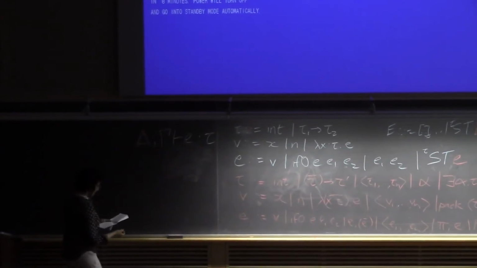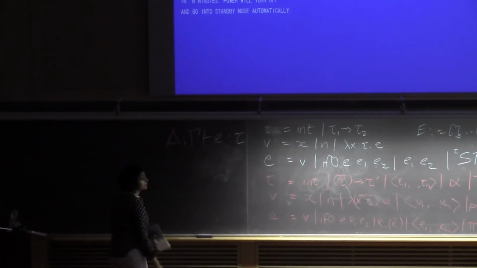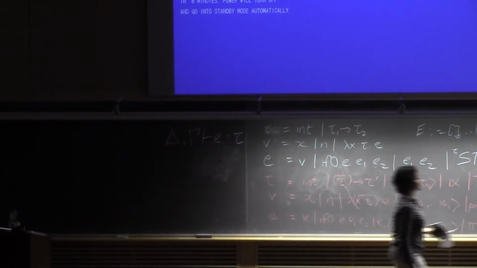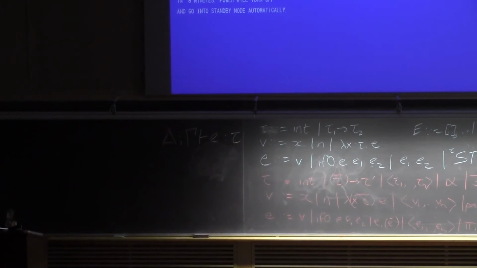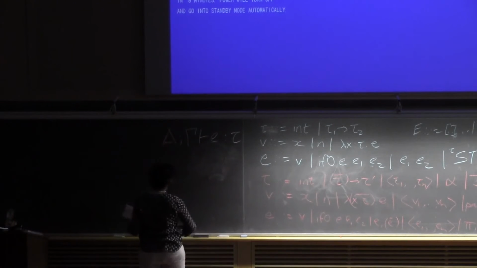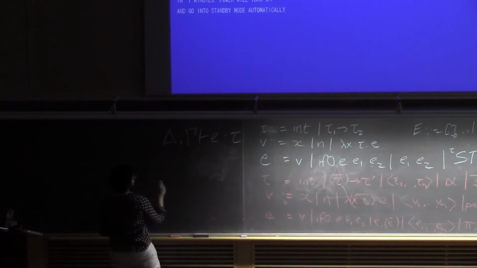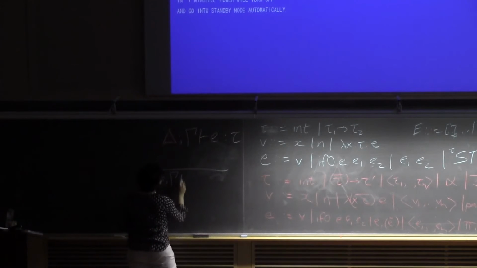All right, so if that is my gamma, then I need to just add 2 typing rules. I need to add 2 typing rules for my boundaries. Again, white delta or red, doesn't matter.